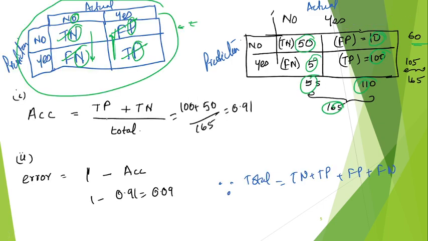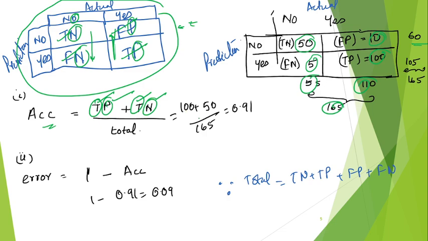What is accuracy? Accuracy is true positive plus true negative over total. In order, just remember T, T, positive, negative. So accuracy is TP plus TN divided by the total of positives and negatives.